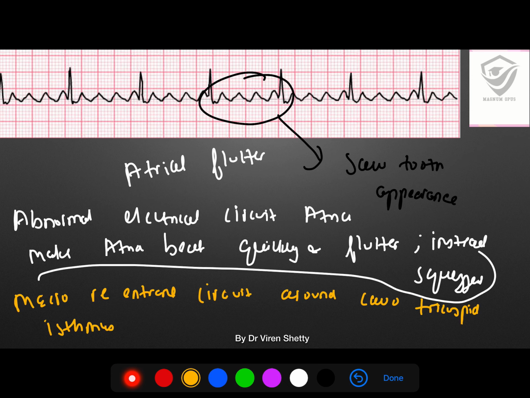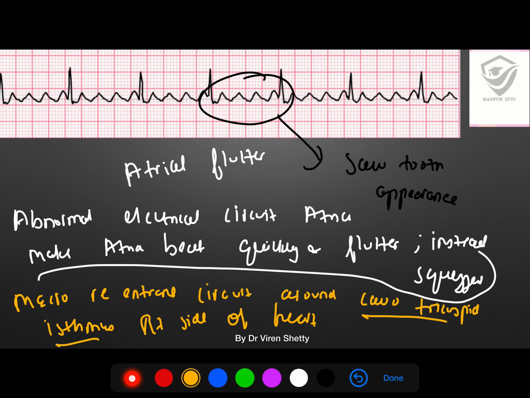So there is an extra circuit around the cavo-tricuspid isthmus on the right side of the heart. If you remember, atrial fibrillation had multiple ectopic foci in the left atrium, but here in atrial flutter you have a macro reentrant circuit around the cavo-tricuspid isthmus.